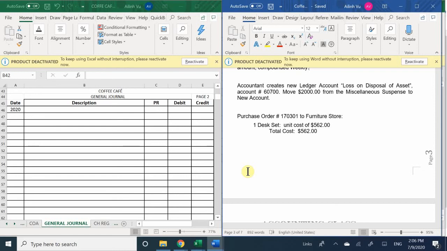So, what can we do? We need to record this. Yes, we purchased it. We only made the purchase order. Oh, this is an order that we're doing. All right. So do we need to record this in our general journal?